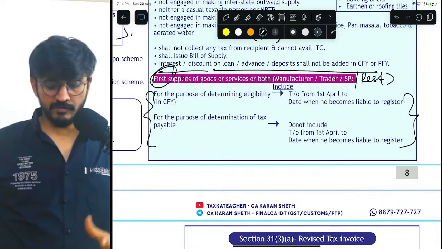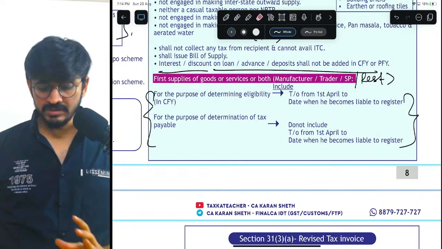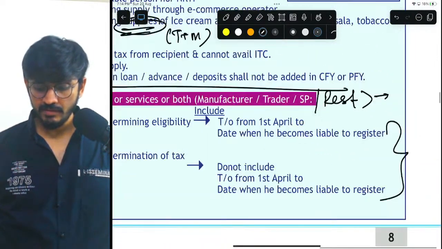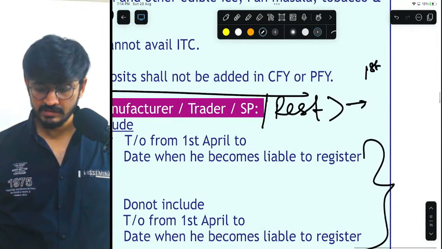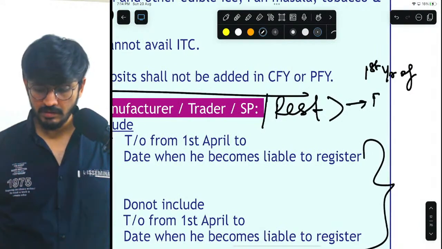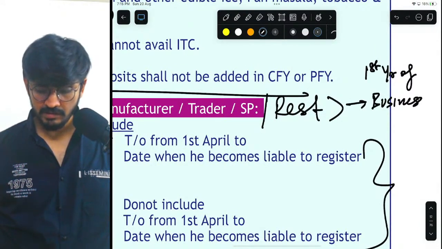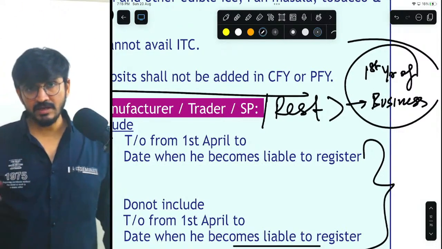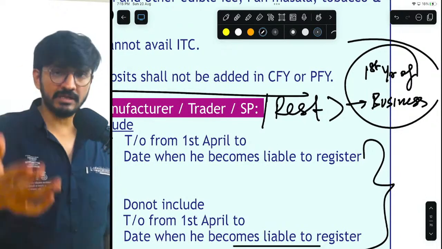Now, what is the concept of first supplies? Understand, the concept of first supplies will apply only in the first year of business. It will make sense only in the first year of business, which is why the name of the concept is also first supplies.